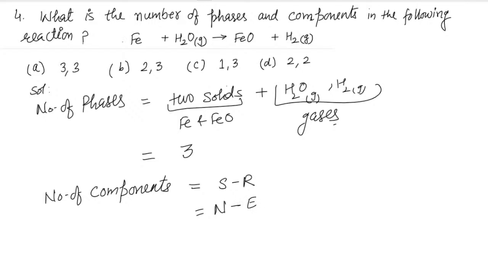There is clearly one equation given to you. That's why number of species is 4 minus 1, that is 3. So number of components is 3. 3 phases and 3 components, that means A option is correct.